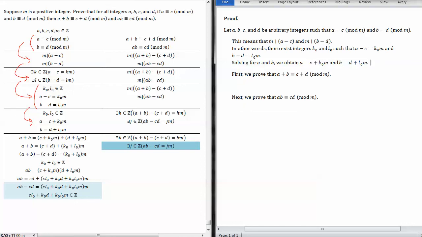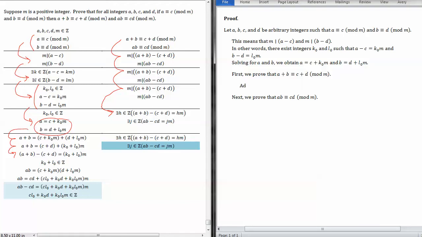Okay, great. Now we start thinking about our goals. First we're going to prove a plus b congruent to c plus d. That was the first one we were listing, where we're trying to find out about a plus b minus c plus d. That's when we took these equations and added them up and simplified and eventually got what we wanted.